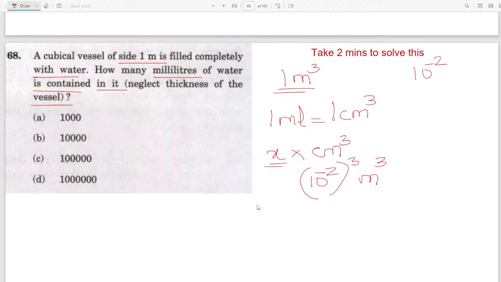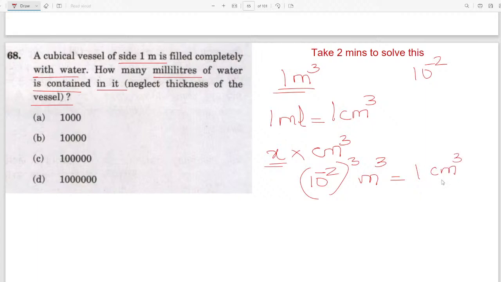So this would be 10 raised to minus 2 raised to the power of 3 meter cube is 1 centimeter cube.